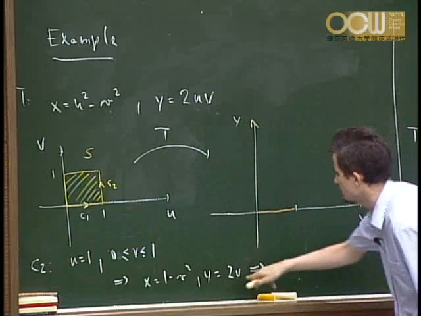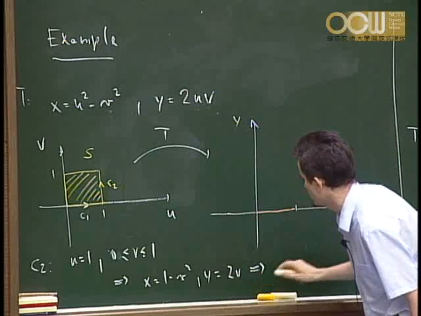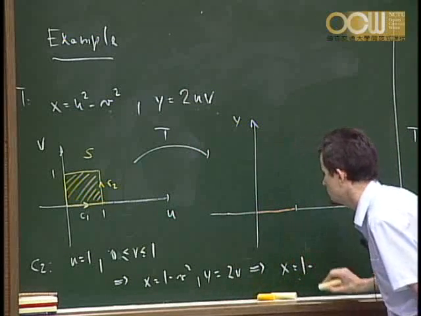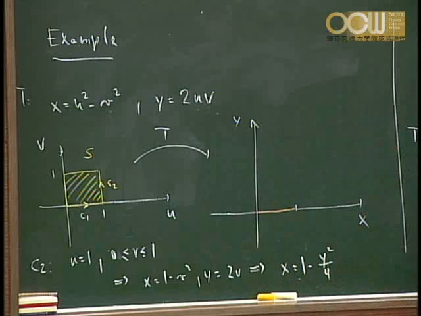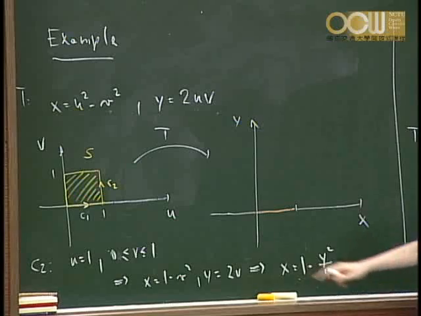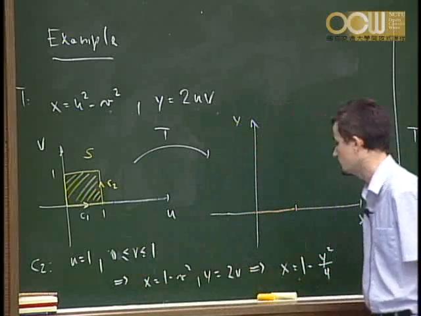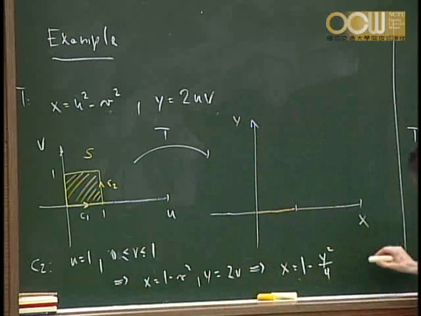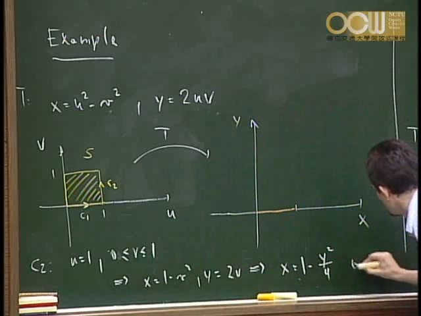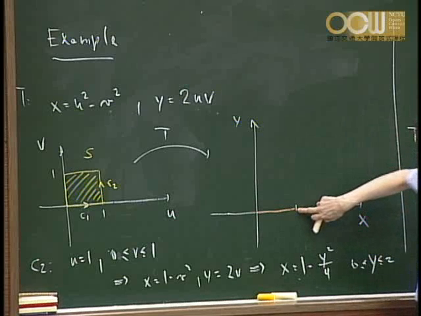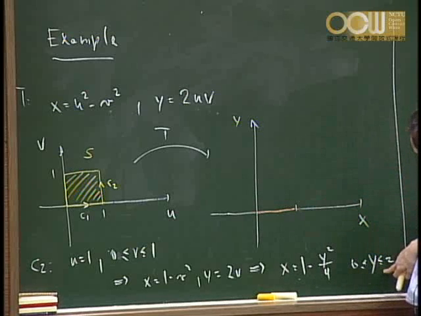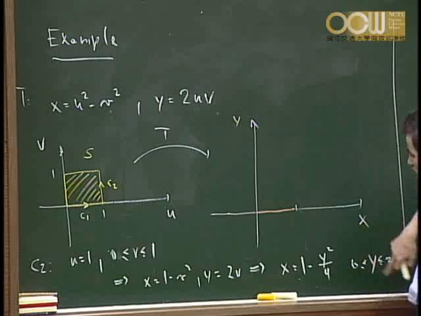You express V is equal to Y over 2, so X becomes 1 minus Y squared over 4. And as V goes from 0 to 1, you see that Y goes from 0 to 2. So you start here, and this looks like a parabola.